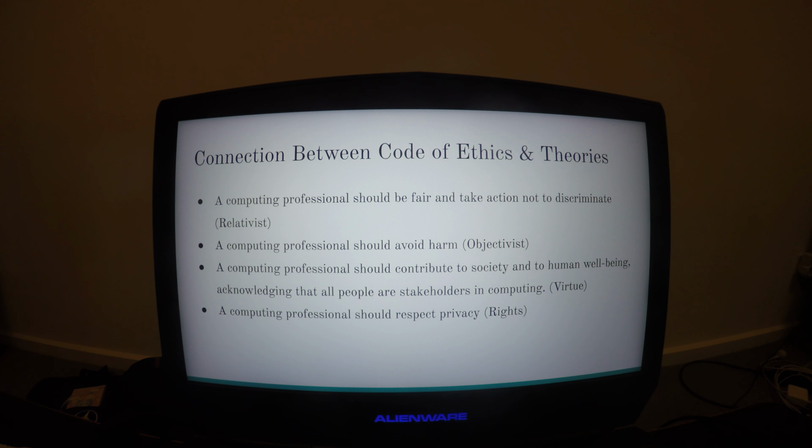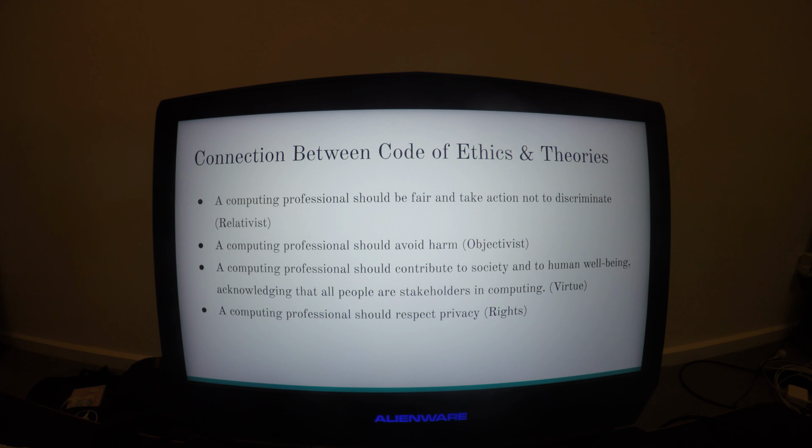Some of them grew and raised by these factors. For that reason, a computing professional has to respect their views and promote fair participation and eliminate discrimination.